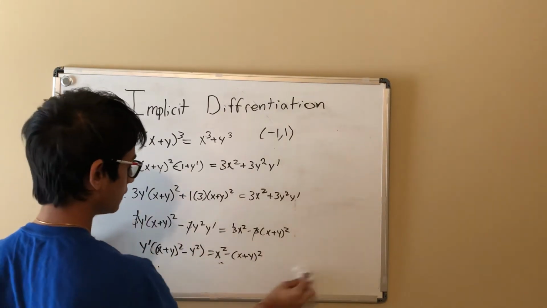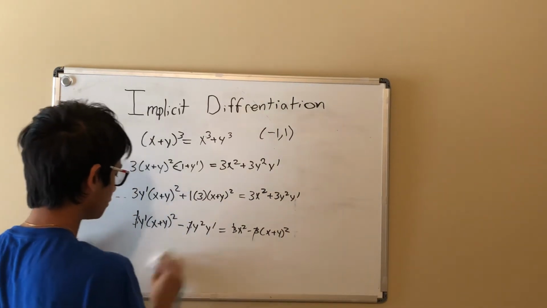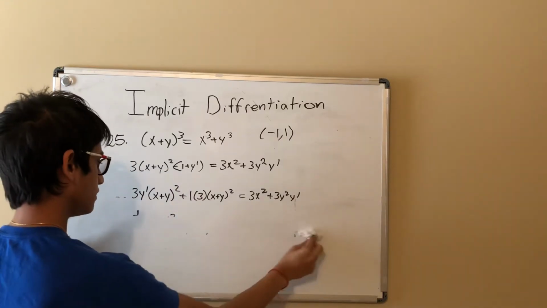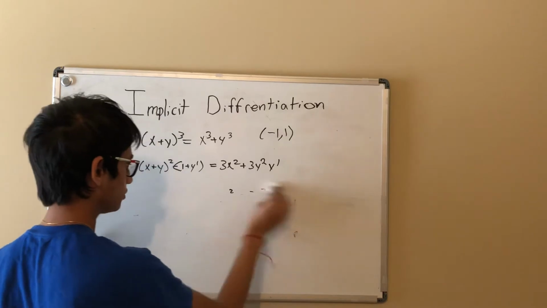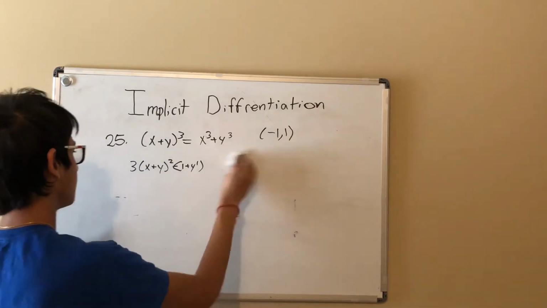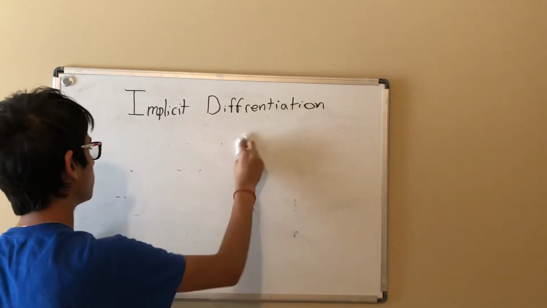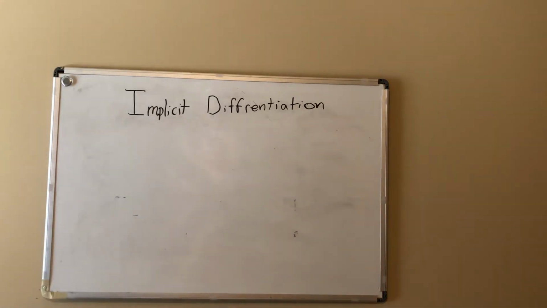So, somebody asked me to show how to use implicit differentiation on trigonometric functions. So I'll just do a quick problem on that. I don't really want to look through the book to find one, so I'll just make a problem for myself. Just finding dy/dx, not evaluating at a point.